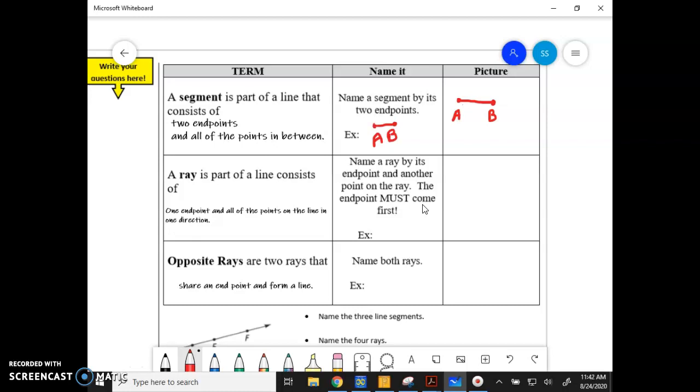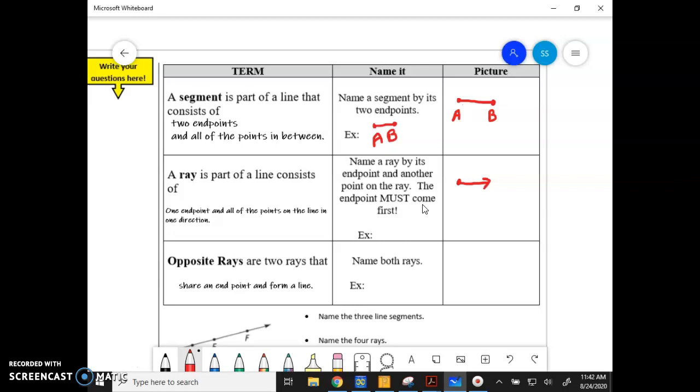All right. Next one, a ray is a part of a line that consists of one endpoint and all of the points on the line in one direction. Okay, I don't really love that definition, but a ray, think of a ray like a ray of sunshine, right? There's a stopping point, like the sun, and then the ray goes out infinitely in one direction.